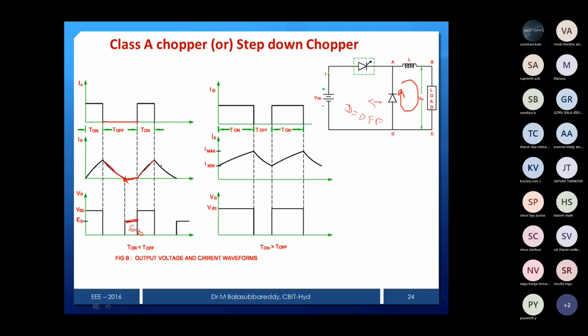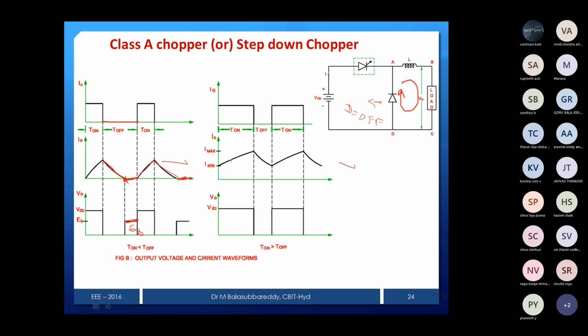Again what will happen? There is off. Then the current will gradually decrease to 0 and remain at 0. And again if the pulse is there, it will turn on again like this. So this is the difference between continuous mode and discontinuous mode.